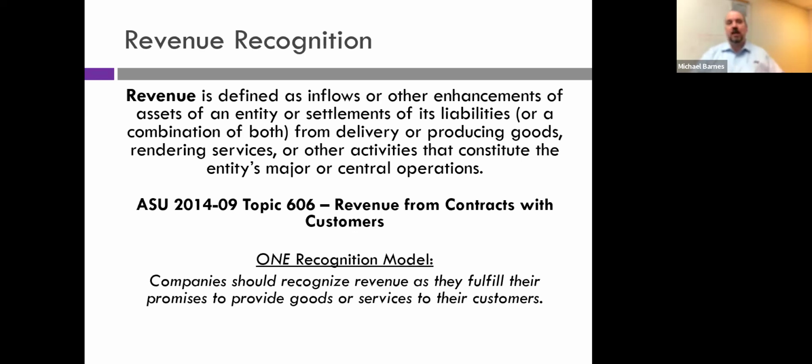Prior to this standard, revenue recognition was different for different business areas. How Taco Bell recognized revenue transactions was different from how Boeing recognized transactions. This standard basically said, we're going to have one recognition model that's applicable to all scenarios. There are different circumstances involved in these revenue recognition steps, but for the most part, it's one recognition model.